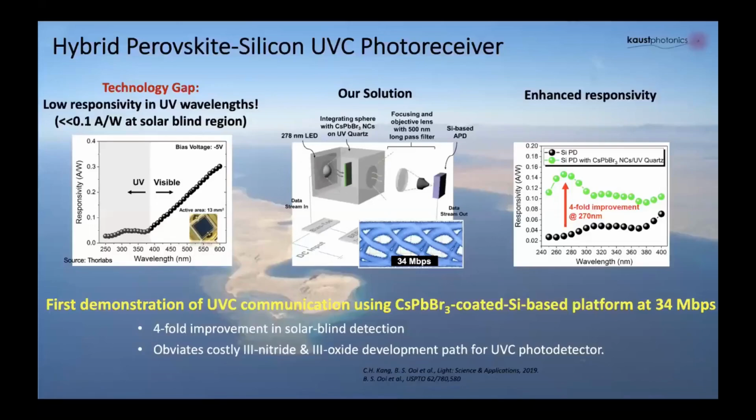As of today, we can only get a decent speed from a UVC LED at 278 nanometers. That very much gives us a few megahertz of bandwidth to get into these bit rates.